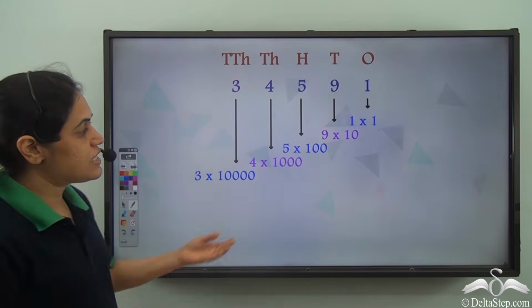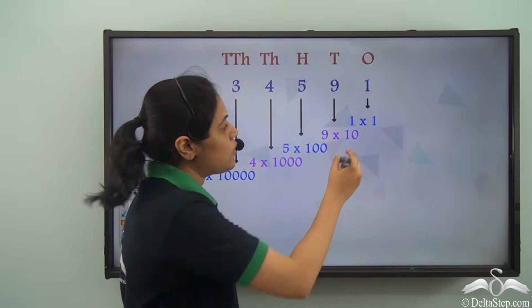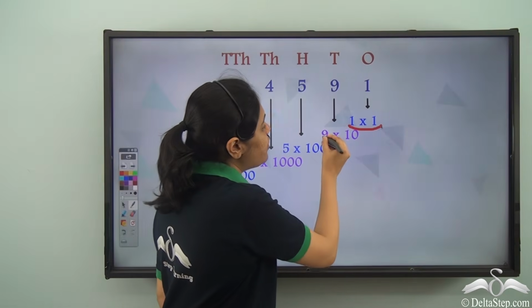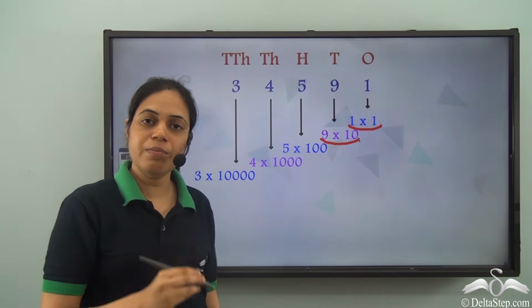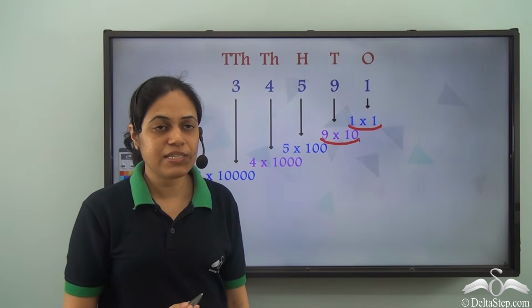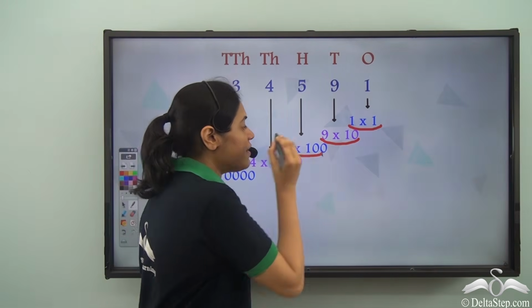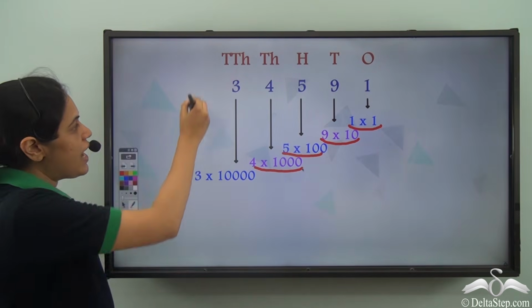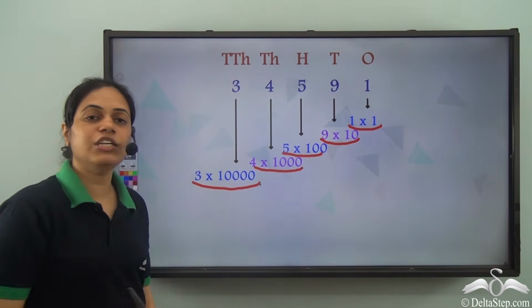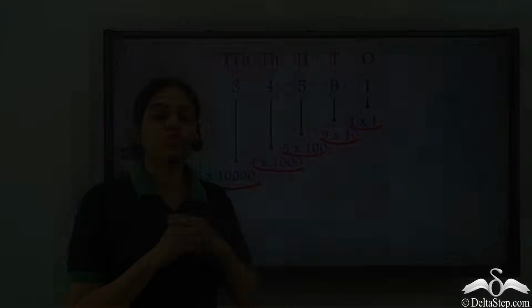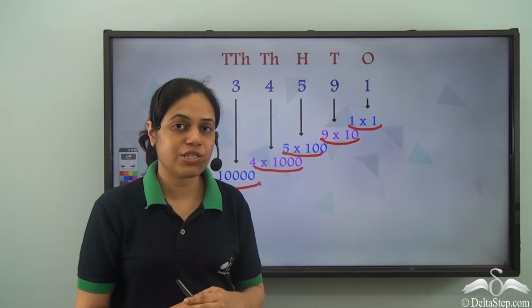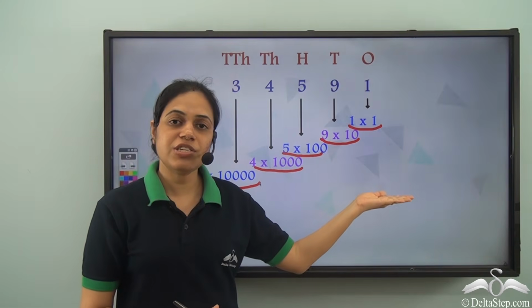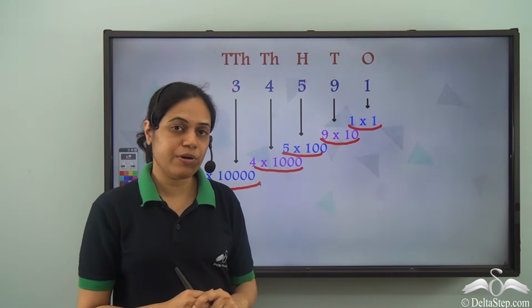And this 1 represents 1 into 1 because it is in the ones place. 9 represents 9 into 10 because it is in the tens place. 5 represents 5 into 100. 4 represents 4 into 1000 and 3 represents 3 into 10,000. So the value of each digit actually depends on the place where the digit is in the number.